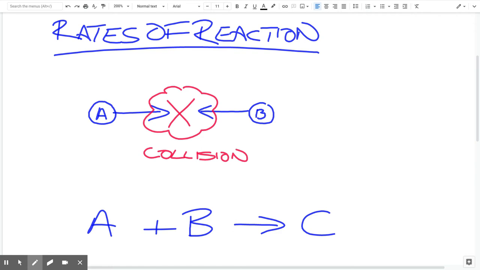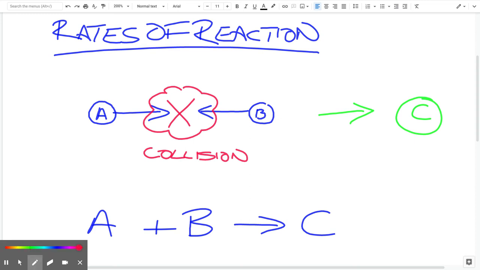So we can then suggest that if particle A has to collide with particle B, then the speed at which particle A is able to react with particle B and subsequently produce particle C, the product, the rate of that reaction, i.e. the number of particles that can collide per second, or the number of particles that can react per second, the rate is proportional to the number of collisions.